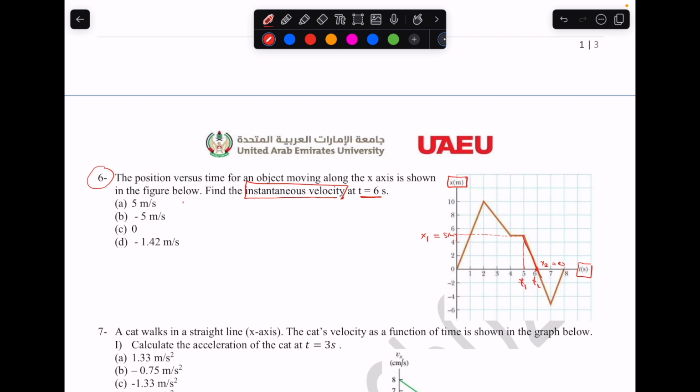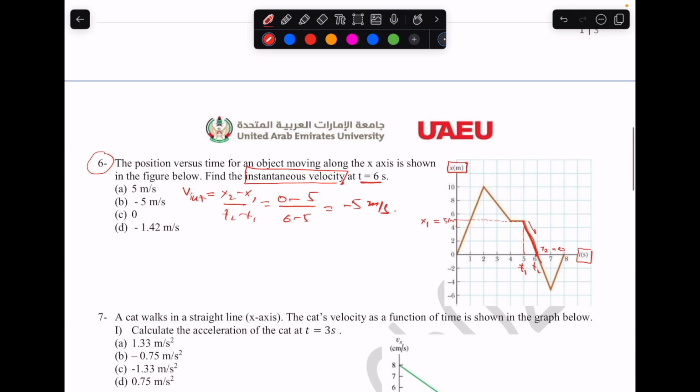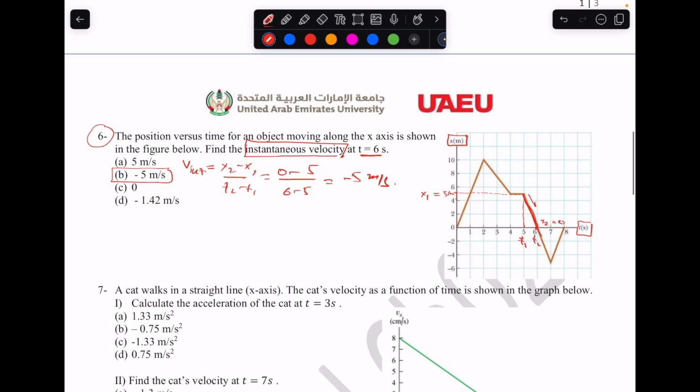So you find v instantaneous as (x2 minus x1) over (t2 minus t1). So x2 is 0 minus 5 and t2 is 6 minus 5, which is minus 5 meters per second. The negative sign shows that its velocity is decreasing as well. So we get option B, which is 5 meters per second.